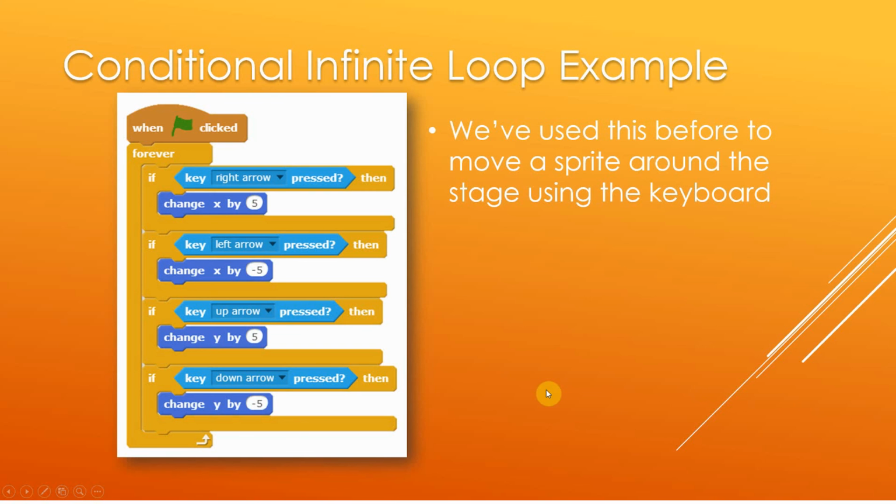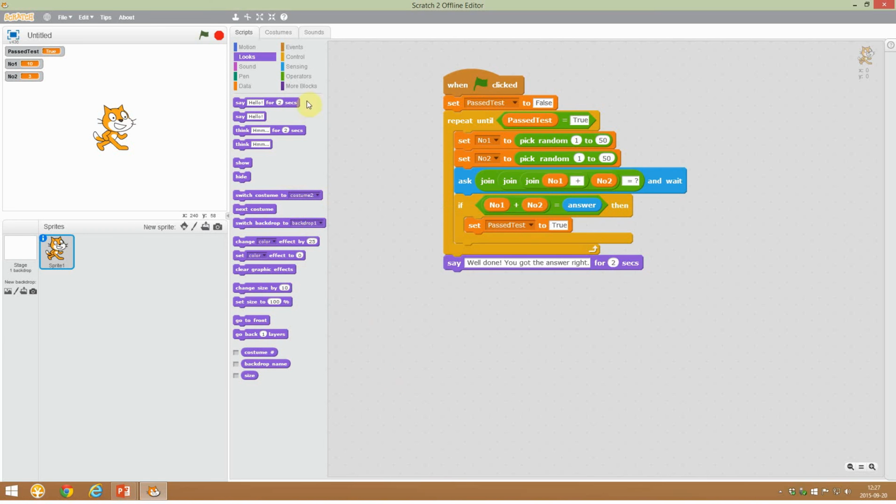We've used forever loops before to move things around on the screen using the keyboard. We usually use the if key pressed hat block. It looks like the green flag one, but you get to choose which keyboard key to check for. In this case, we've used a different way of checking the keyboard key. We've used the blue key right arrow pressed, or left arrow, or up arrow, or down arrow. This blue block is very useful for checking different things.